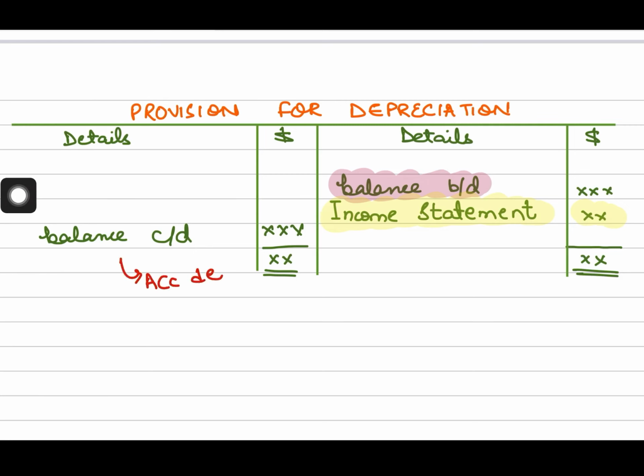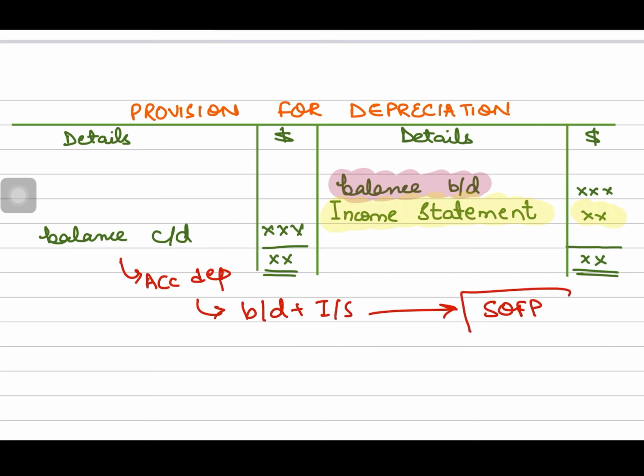This is calculated by adding balance brought down with the current year income statement figure for depreciation, and this is the value that goes in your statement of financial position as well. We will be learning about the extract for provision for depreciation as well. So balance carried down is calculated at the year end by adding these two figures.